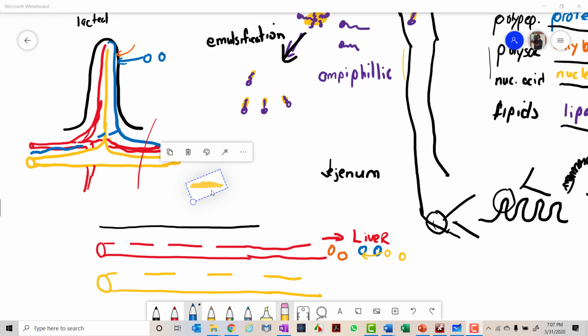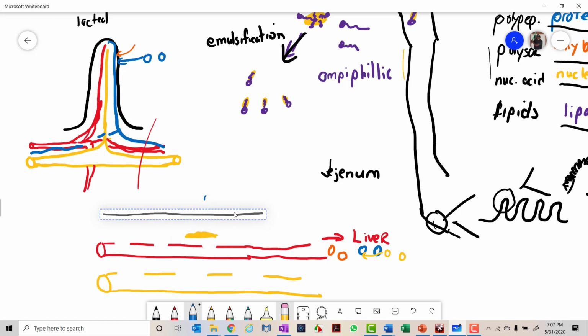Because these lipids won't fit into the blood, they have to be packaged up differently, because of the nature of lipids. The lipids are not water soluble. They'll be absorbed into the tissue, but they won't go anywhere until they're packaged up by these special proteins, and we call them lipoproteins.